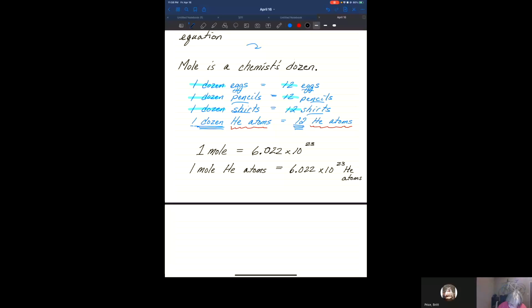I could have 1, and the abbreviation for mole, you drop the E. 1 mole of water, well, there's 6.022 times 10 to the 23rd power water molecules.